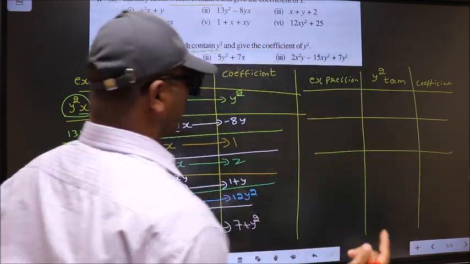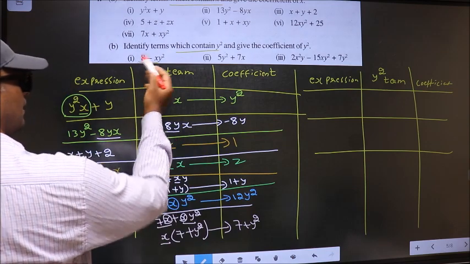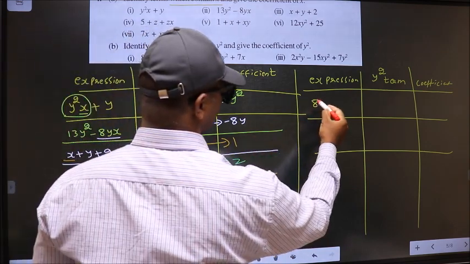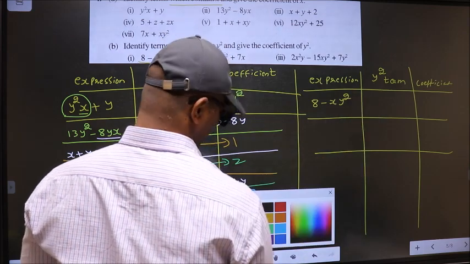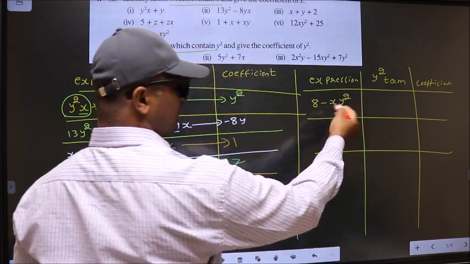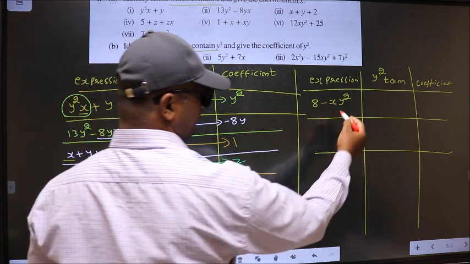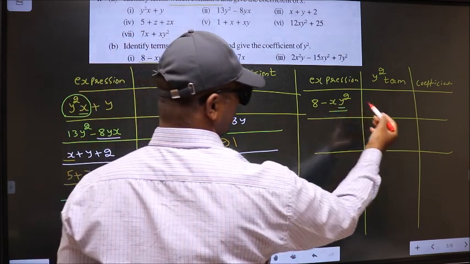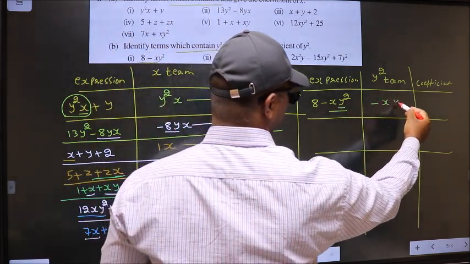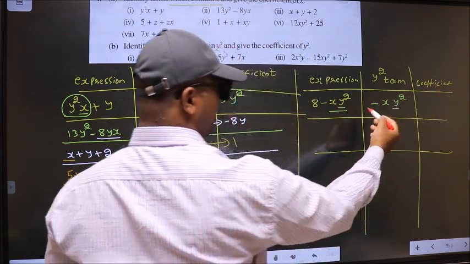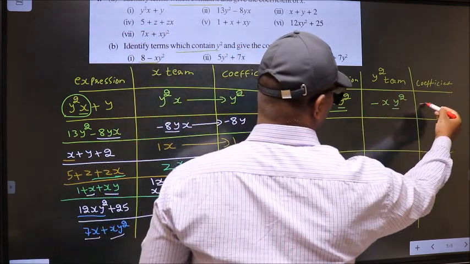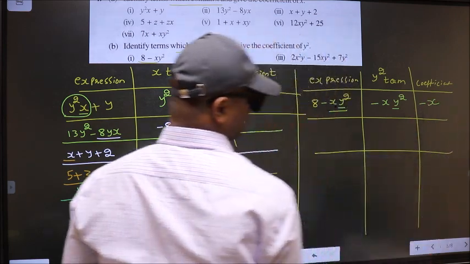Okay. Now the first one, 8 minus xy square. Now in this, where do you have y square? Here. So this is the y square term. Now the coefficient is, leave y square, write the left out, that is minus x.